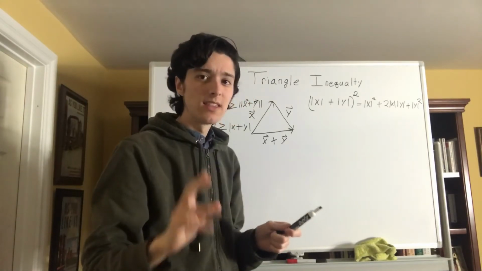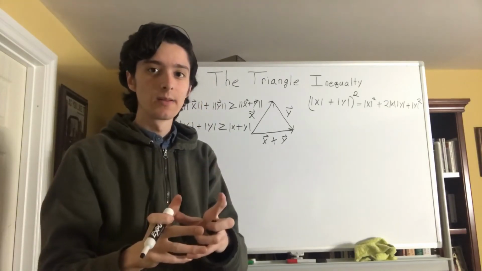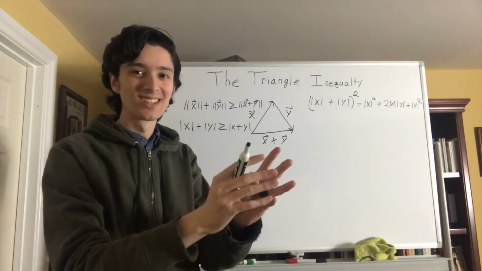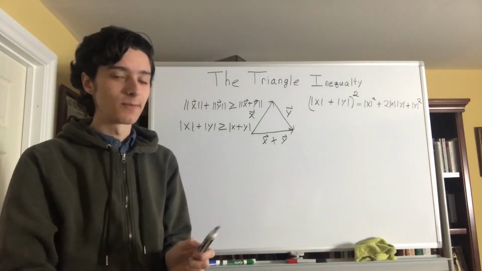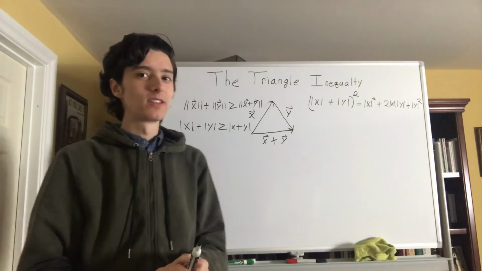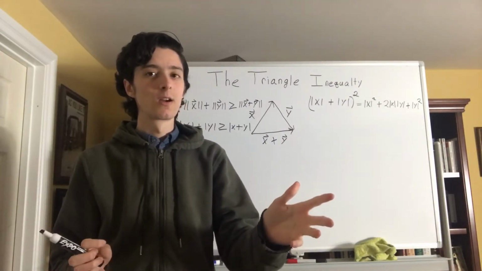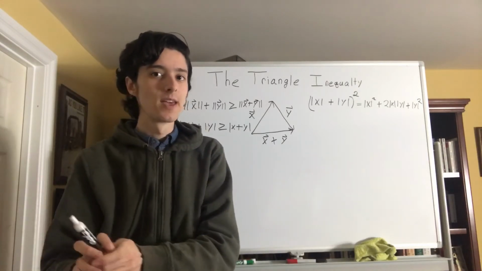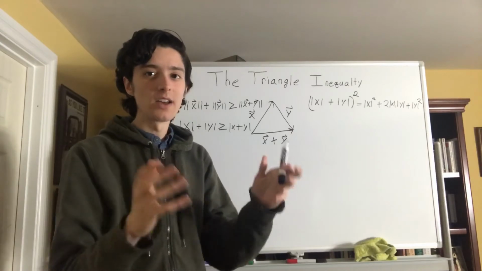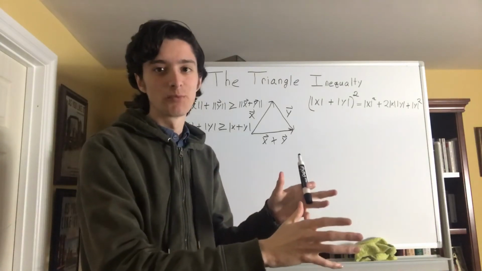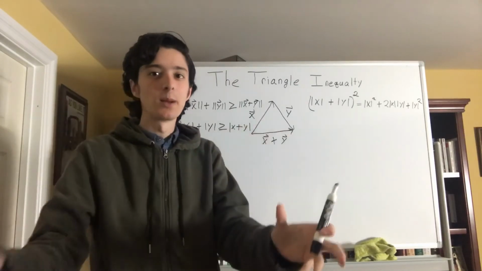So one thing we can think about is that the absolute value of x squared is the same thing as x squared. The difference between an absolute value of a number versus just that number is that the absolute value will be the positive version of whatever that is. So if it's positive, then they'll be the same number.